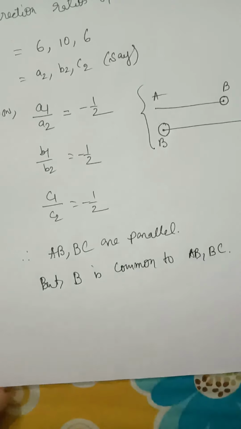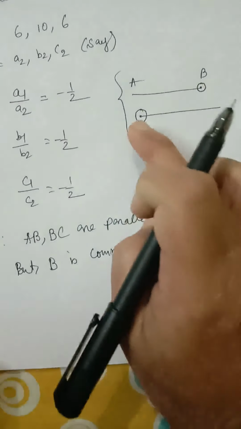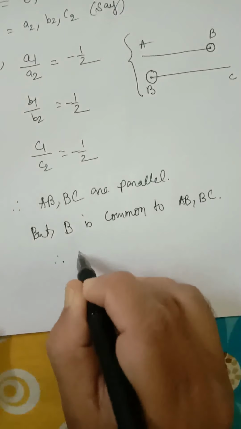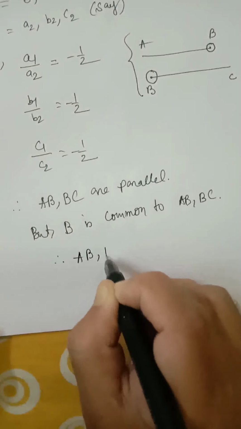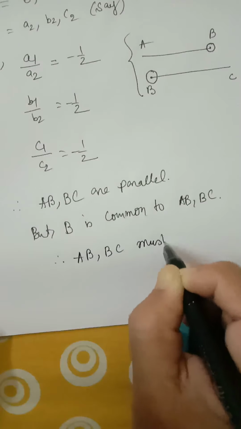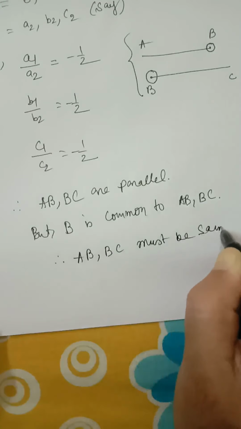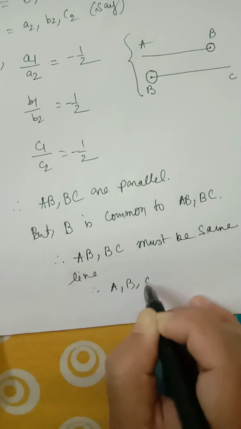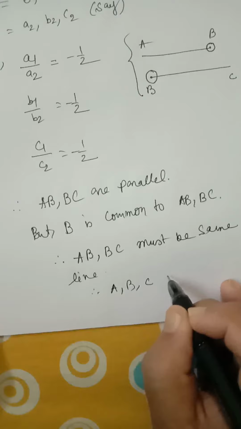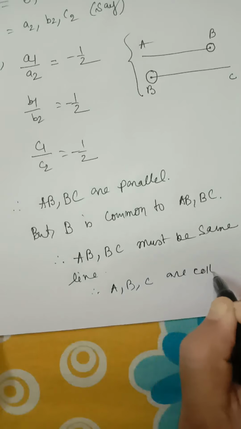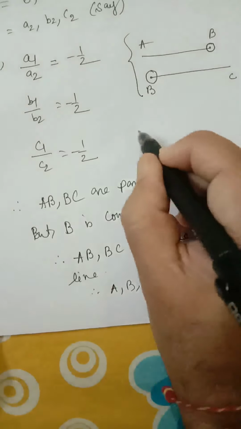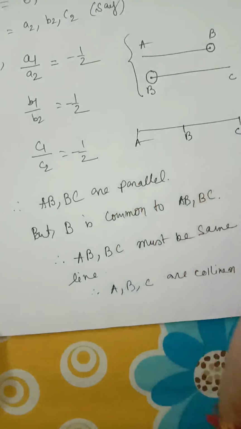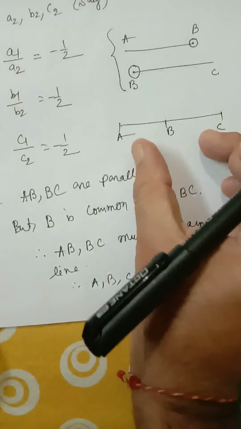It means they cannot be parallel because B is present in both the lines, and therefore AB, BC must be the same line, and therefore A, B, C are collinear. A, B, C are the same line means A, B, C are collinear. So the actual figure will be this: A, B and C. Not this, it will be like this.